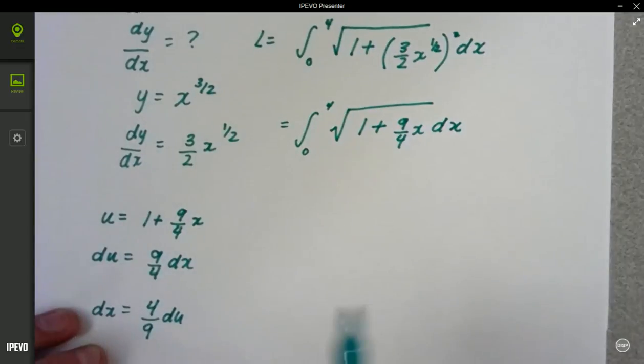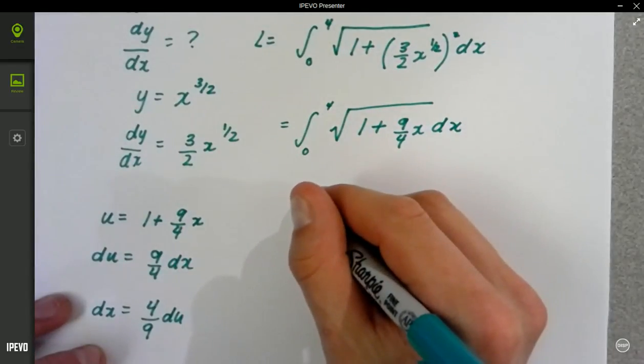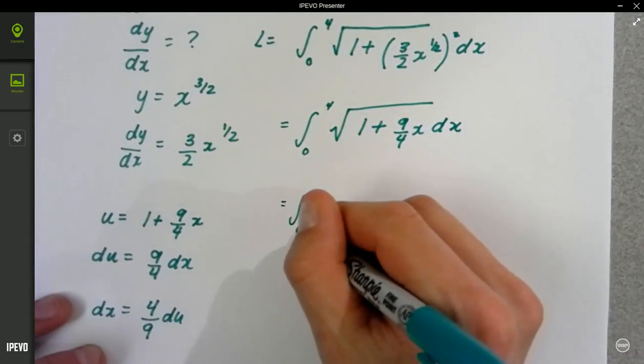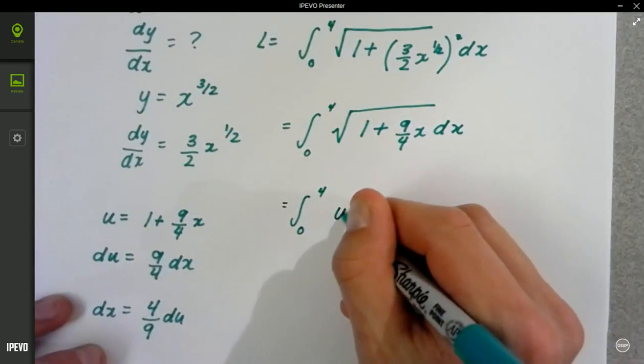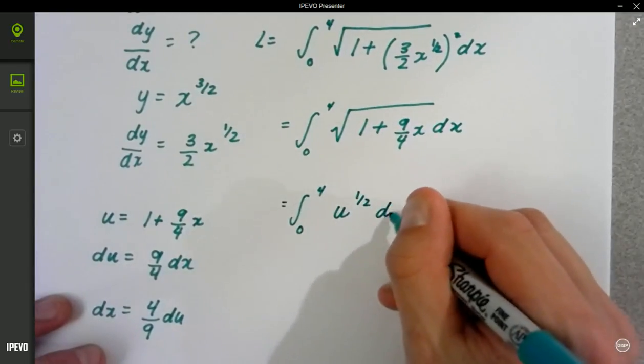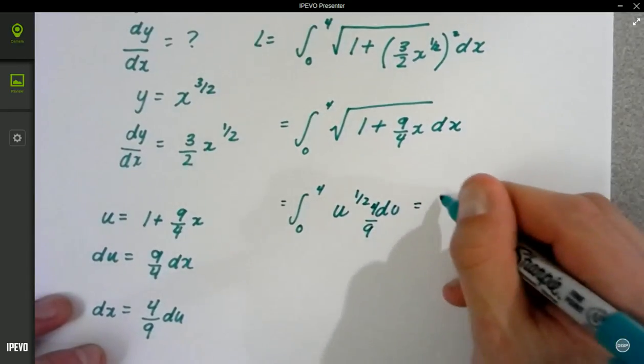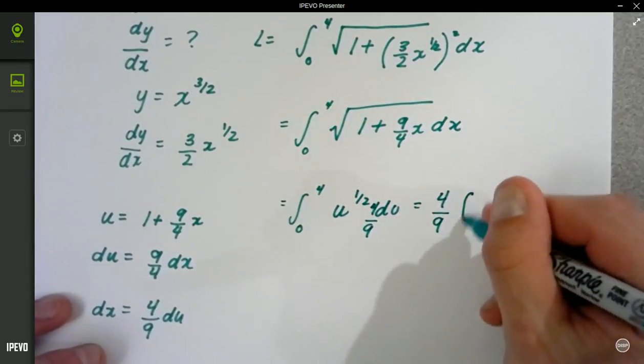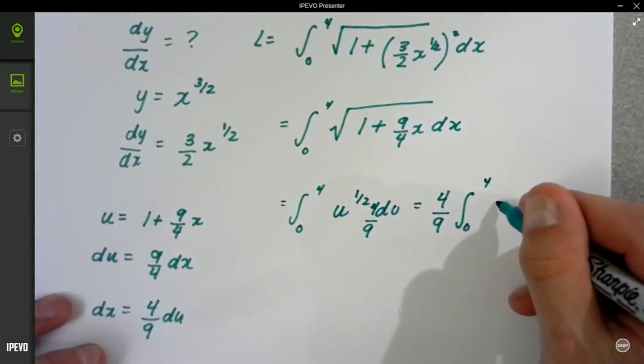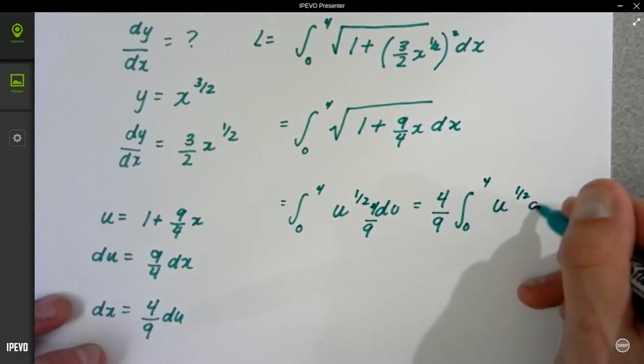So we're going to have the integral from 0 to 4 of u to the 1/2 du, times 4/9. Let's bring the 4/9 out front.